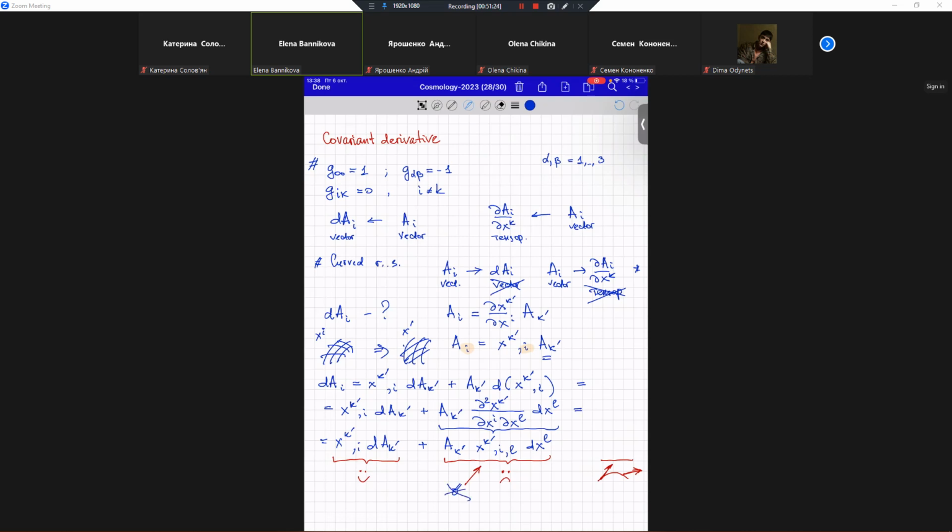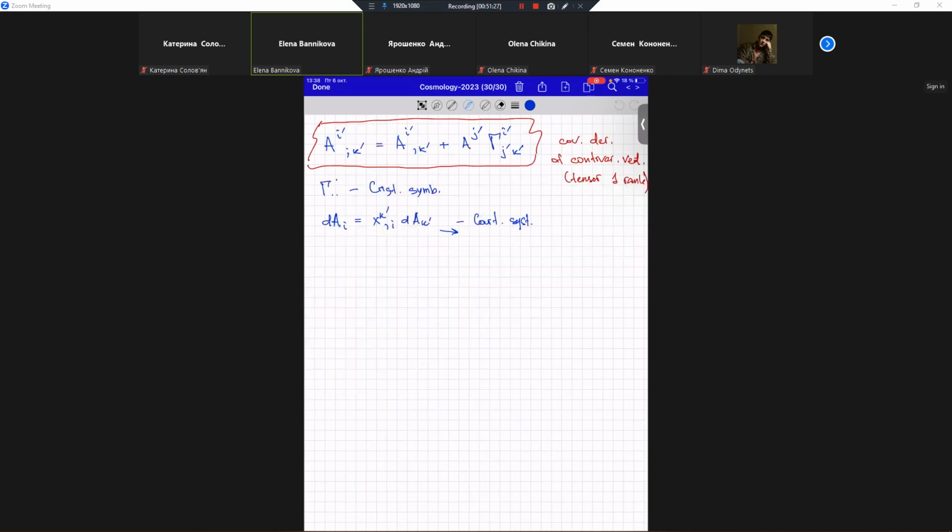Okay, so in the general case, when we have a curved space, and this is our coordinate line, when we want to find the differential of some vector, this component a i, what we are doing is, from one point we can make a parallel move of this vector.